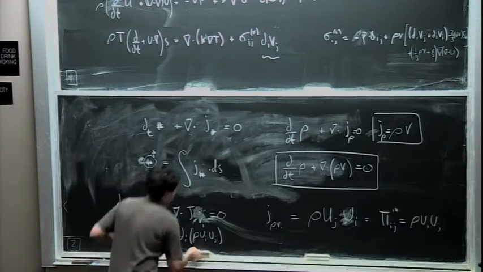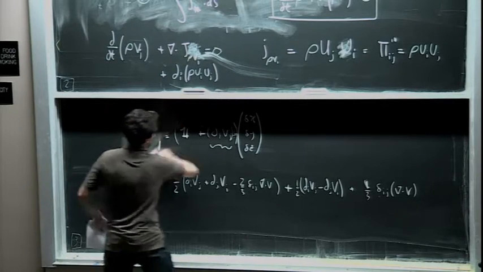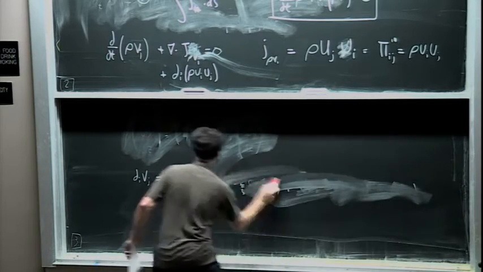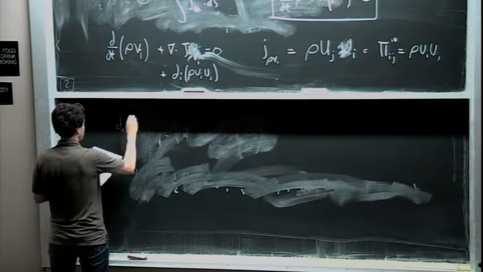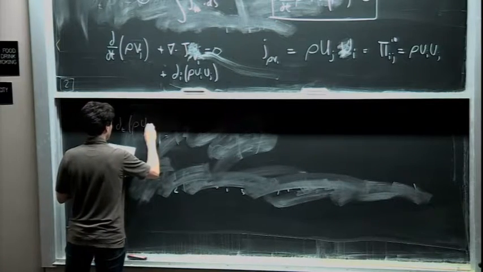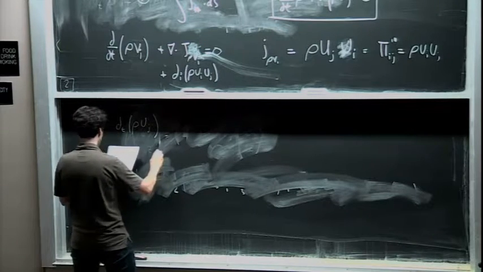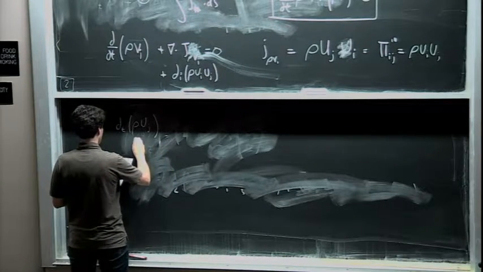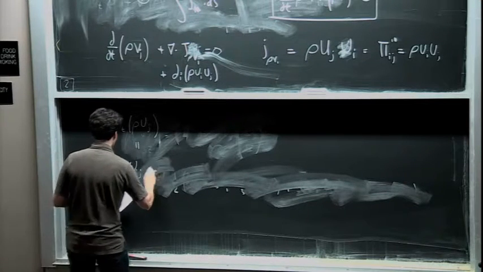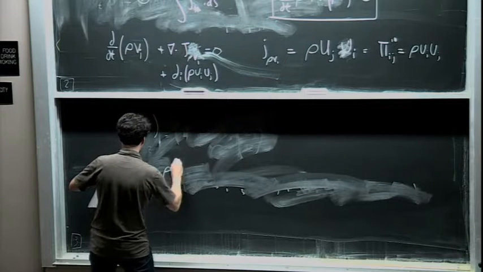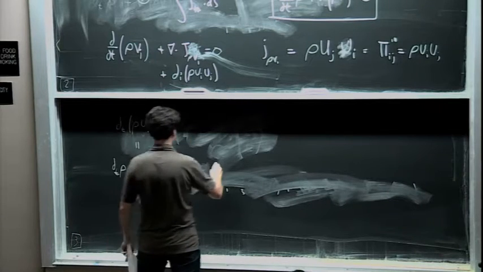Okay, let me take this up. And I can naturally break this up into two parts. Okay, and so I have dt of rho uj. Okay, so this is naturally equal to dt of rho times uj plus rho dt of uj. On this side over here, I have two terms.